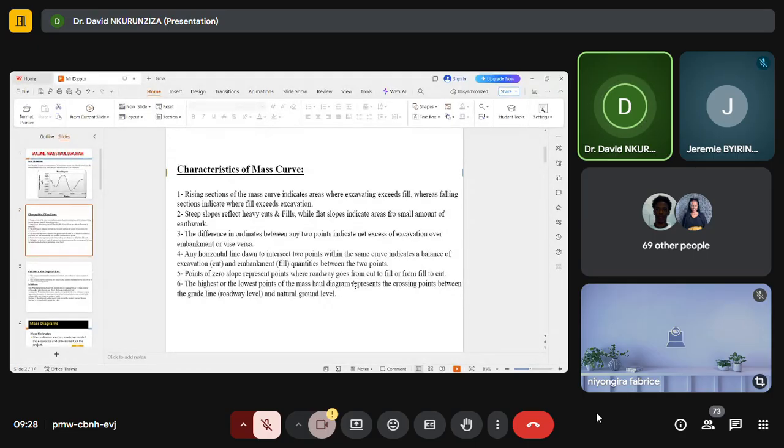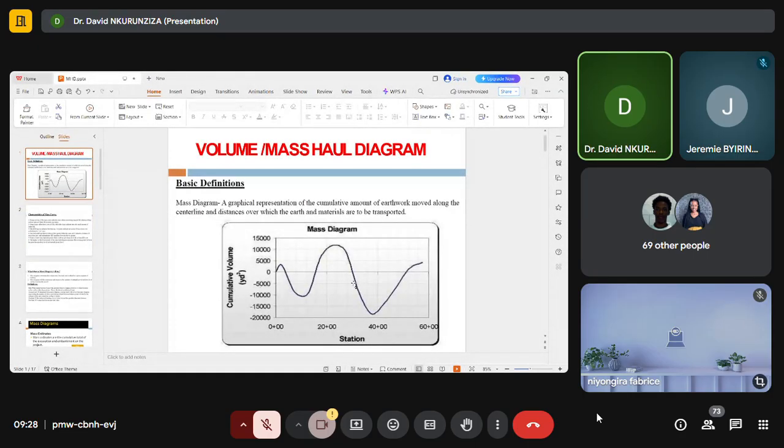When you look at the curve, sometimes the slope of the curve is steep, sometimes it is gentle, or sometimes the slope is flat. When the slope of the curve is very steep for rising, it means heavy cuts are taking place, or heavy fills.